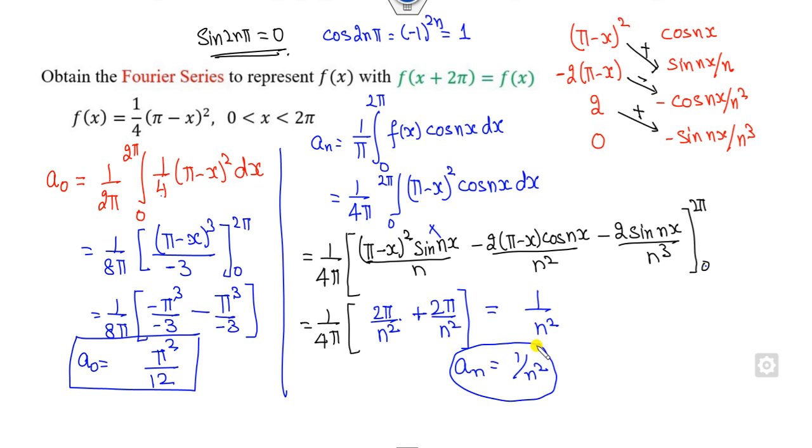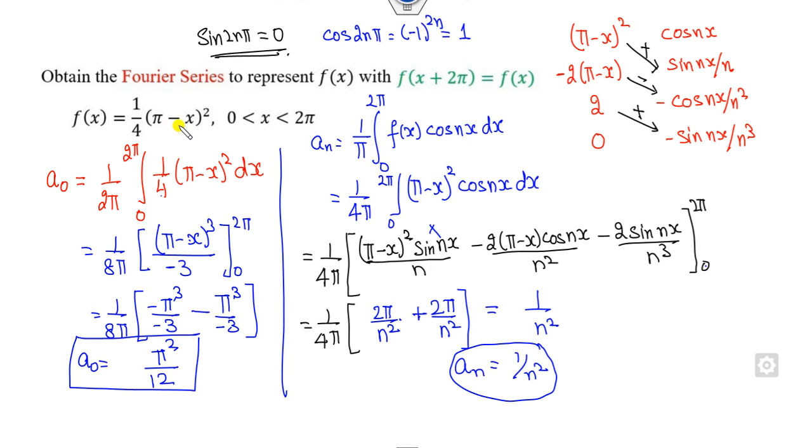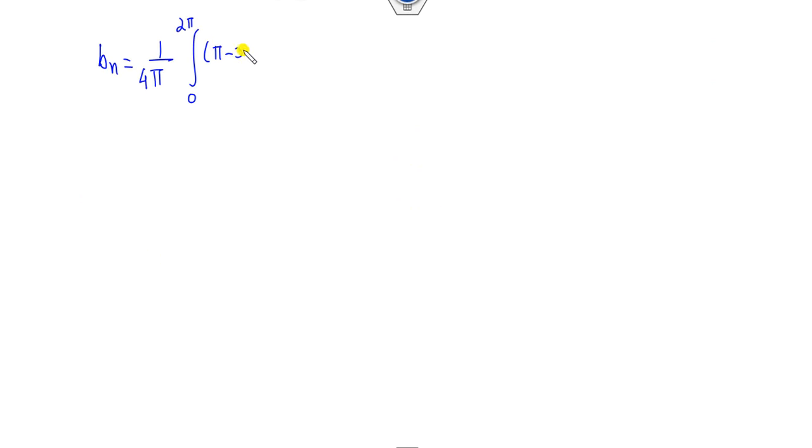Fine. Now we can compute the bn. So bn will be 1 over pi, integration from 0 to 2 pi, 1 over 4 is outside, f(x) is (pi minus x) whole square sin nx dx. So I can take this (pi minus x) whole square and sin nx.